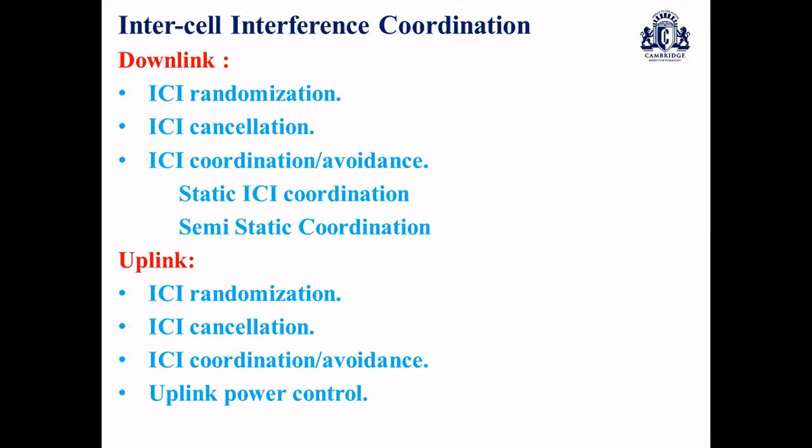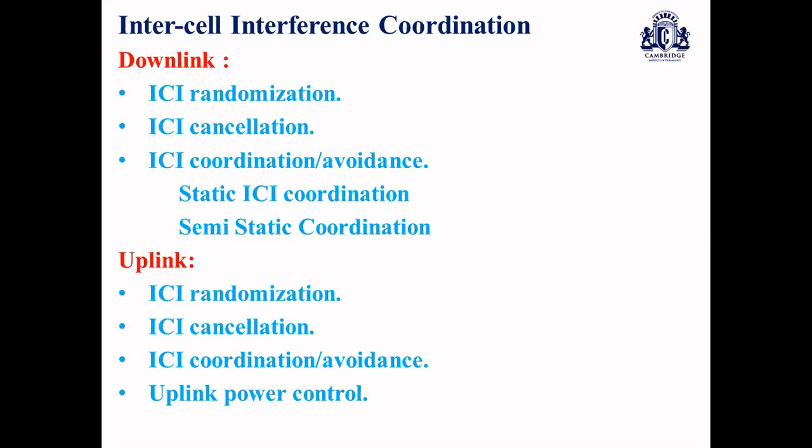Static ICI coordination is mainly done during the cell planning process and doesn't require frequent reconfiguration. That's what static indicates, which doesn't require frequent reconfiguration procedures, especially with respect to static fractional frequency reuse (FFR). Some performance limitations such as cell loading can also be encountered in static ICI coordination.